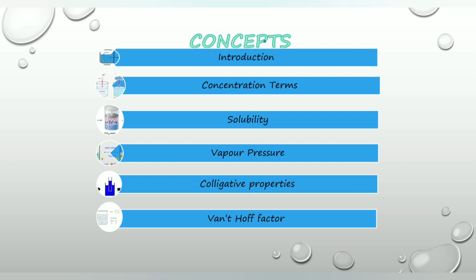First one is relative lowering of vapor pressure. Second is elevation in boiling point. Third is depression in freezing point. And the last colligative property is osmosis and osmotic pressure. The last concept of this chapter is Van't Hoff factor. So let's go to the introduction of this chapter.